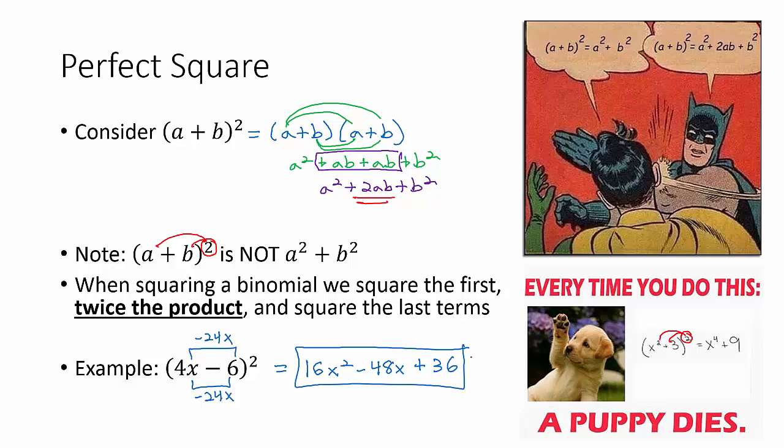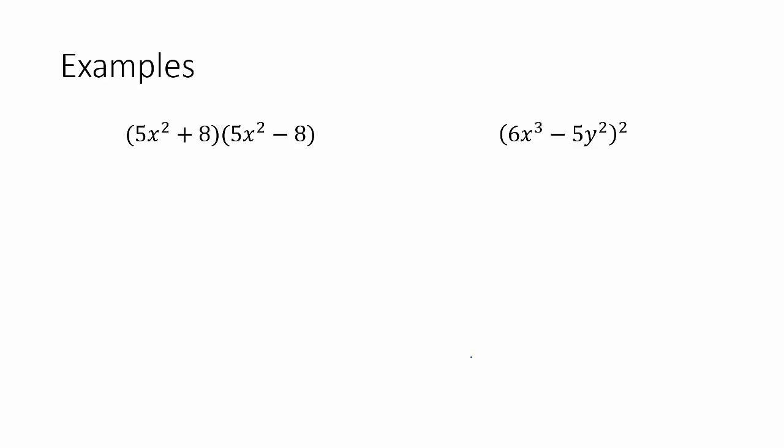Square the first term. Take the product twice. And square the last term. So let's take a look at a couple more examples to kind of wrap this up. This first example, you'll notice we're taking the same stuff, but a plus and a minus. It's a sum and a difference. 5x squared plus 8, 5x squared minus 8.